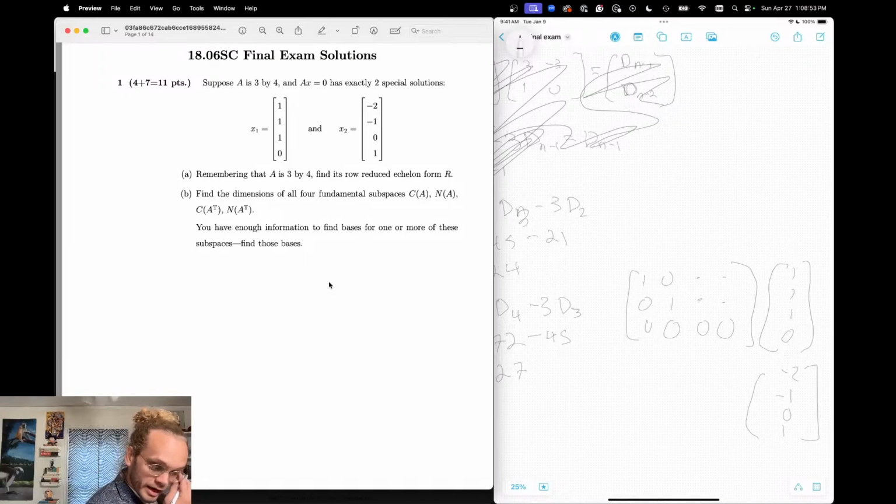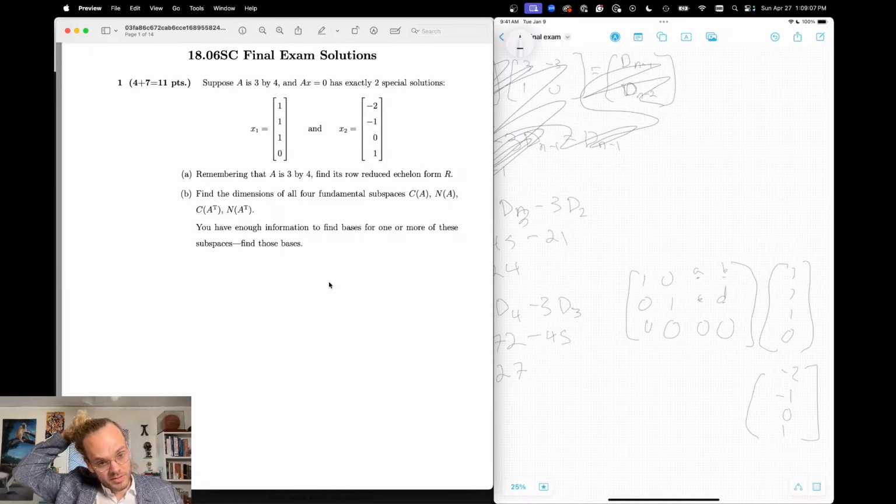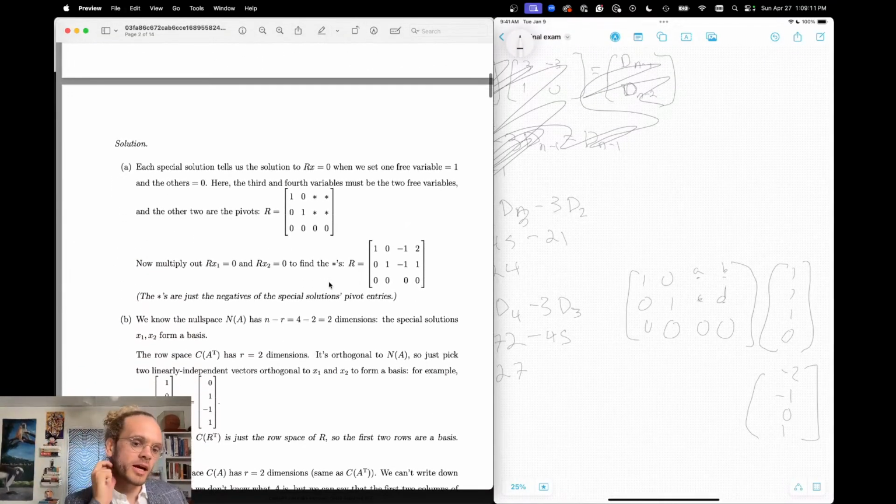And when I do that, I call these A, B, C, and D. Hope I'm doing this right. This first problem was only 4 points. It was the second problem that I had an issue with.